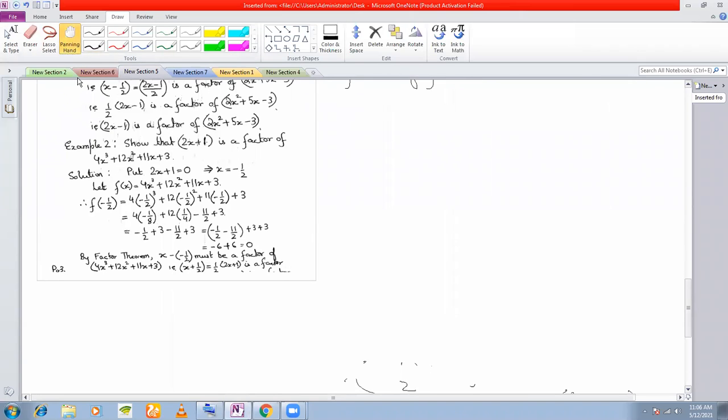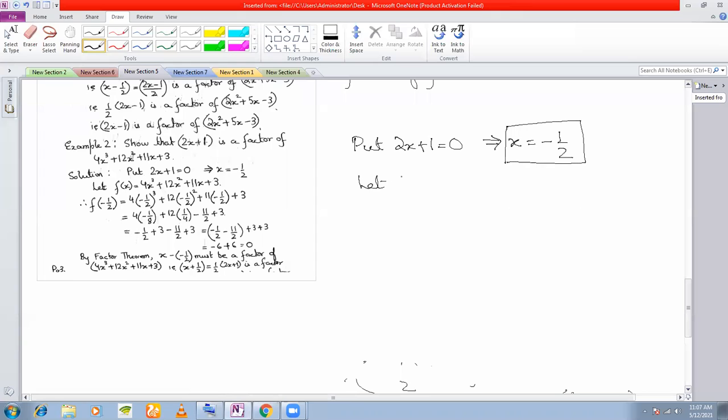The question here is, show that 2x plus 1 is a factor of 4x cubed plus 12x square plus 11x plus 3. You have to show 2x plus 1 is a factor. So what you do here is, you start by putting 2x plus 1 is equal to 0. Once you put 2x plus 1 is equal to 0, you get x is equal to minus half. Now you check whether x is equal to minus half is a zero of the given polynomial.